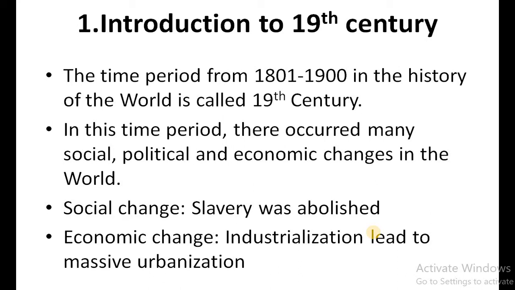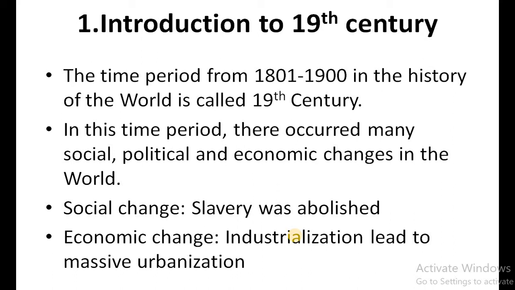The poor became middle class people, and the upper class people. Slavery was abolished, particularly in America. So if we look into the literature of the 19th century of America, we will have an idea of what changes took place with the abolition of slavery.